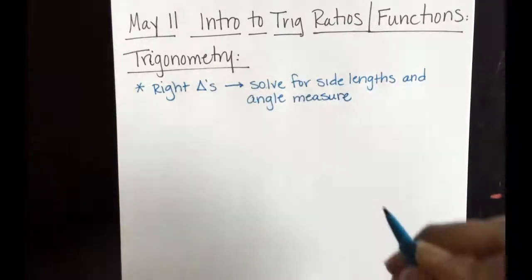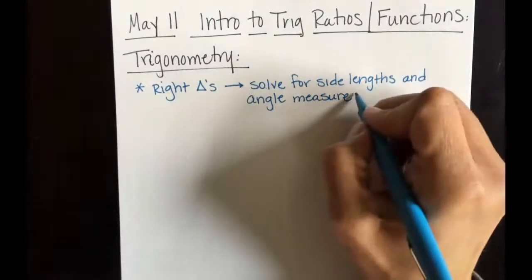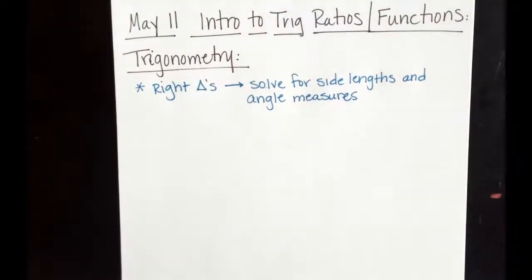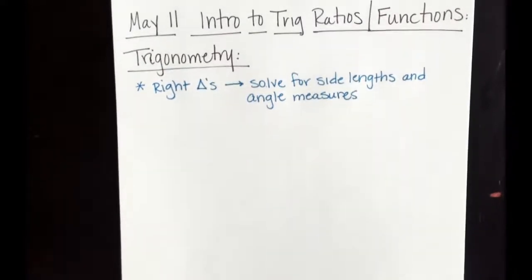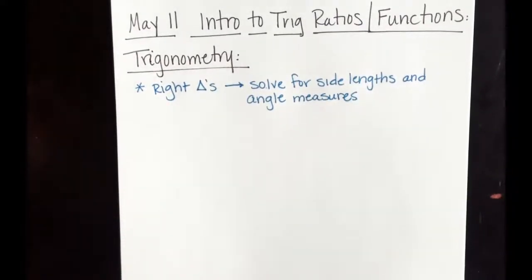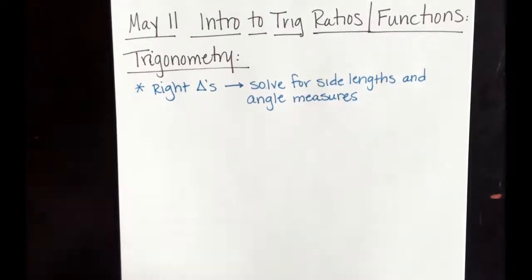Before, unless it was special, we wouldn't have been able to figure out the angle measures, unless of course it was isosceles, our 45, 45, 90, or our 30, 60, 90. But this time we'll be able to figure out any angle measure, even ones with decimals, fractions, anything.